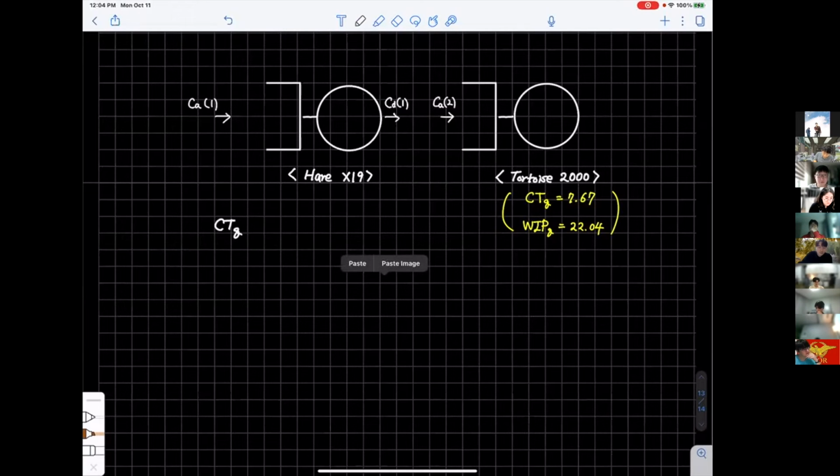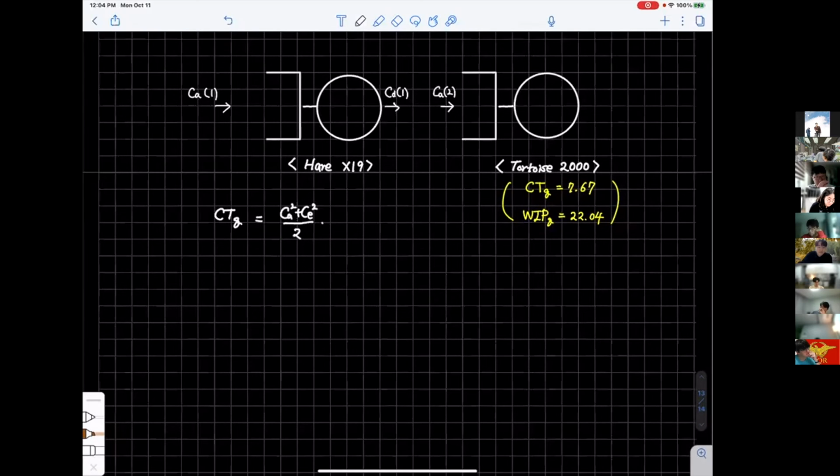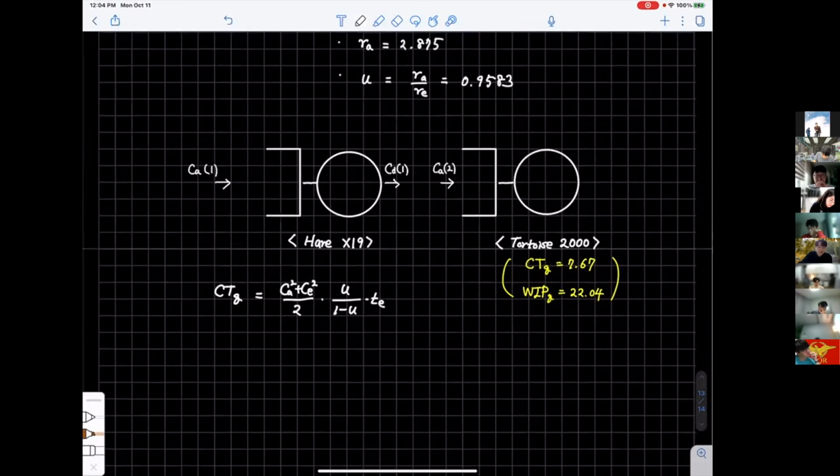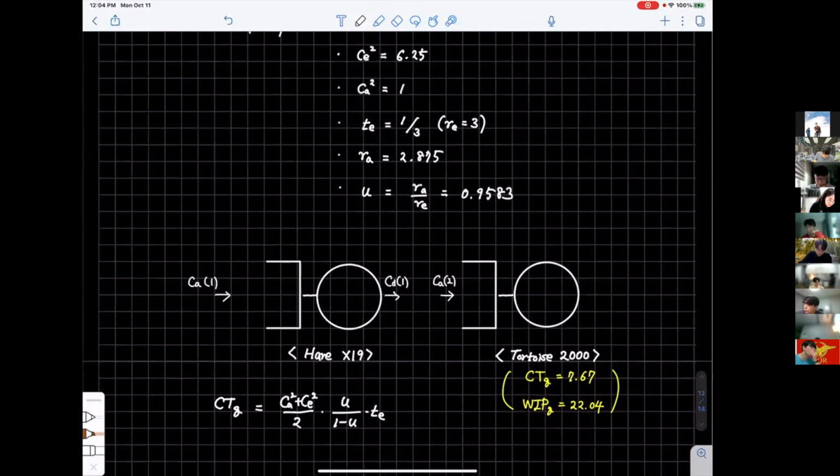Okay, Ctq of the hair X19, if we calculate this Kingman equation, if time is enough, we can calculate this formula because all the required parameters are here.